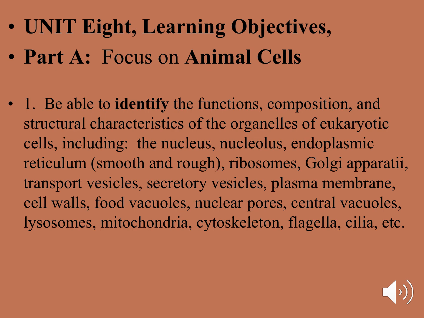Are they double membraned? Are they just a particle, a protein particle like the ribosomes? The functions, composition, structural characteristics of the organelles of eukaryotic cells, including the nucleus, the nucleolus, endoplasmic reticulum, ribosomes, Golgi apparatus, transport vesicles, secretory vesicles, etc. It says etc., etc. at the end.